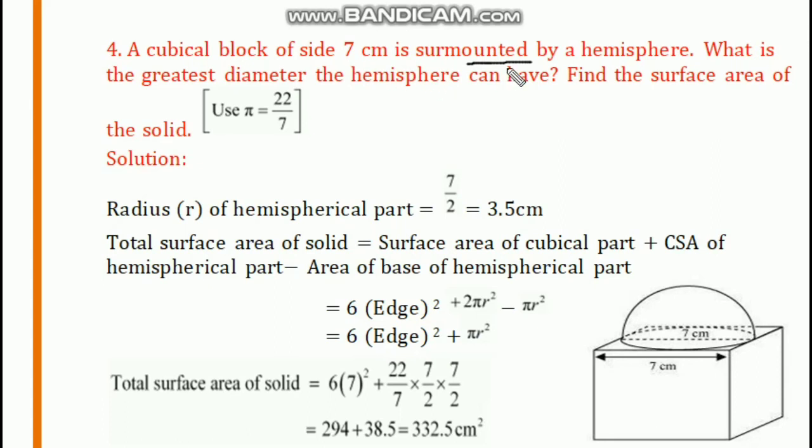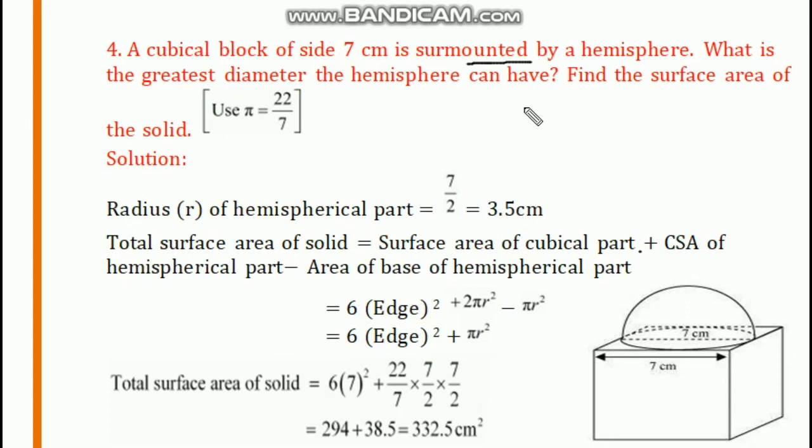At the same time, a hemisphere is surmounted. That means what is the radius of the hemisphere and what is the diameter of the hemisphere. So what is the greatest diameter the hemisphere can have?